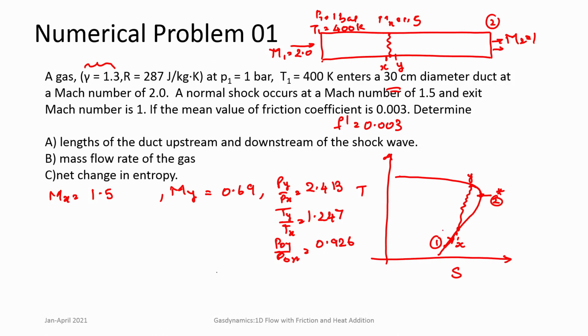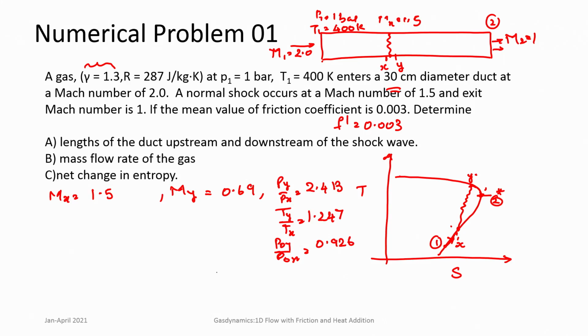Once you know the TS diagram, you know what you are looking for, and the rest of it is through charts, or you can use the online calculators to get the other numbers. The essential concept one has to understand is the location of the shock and how to represent it on a Fanno curve.